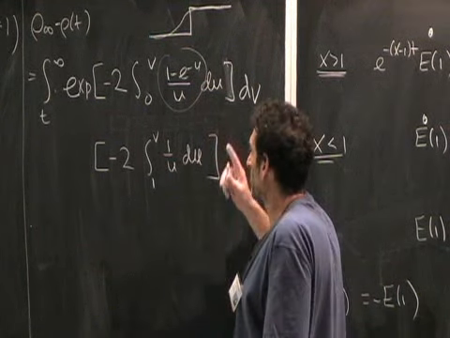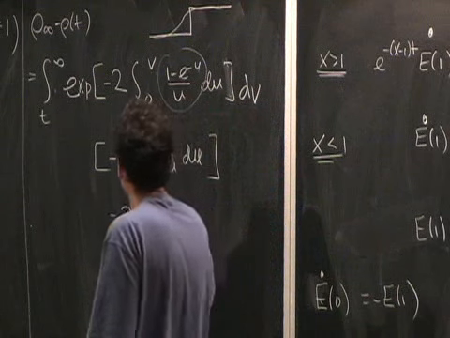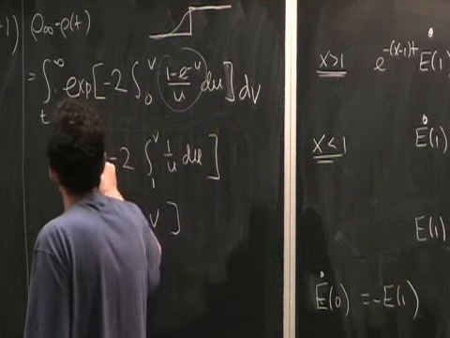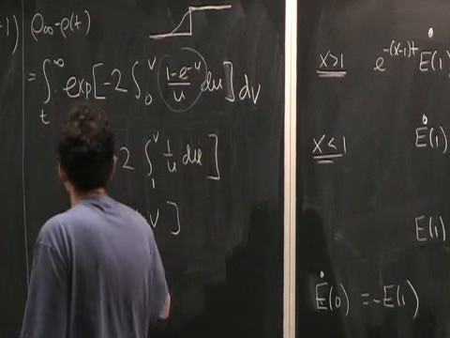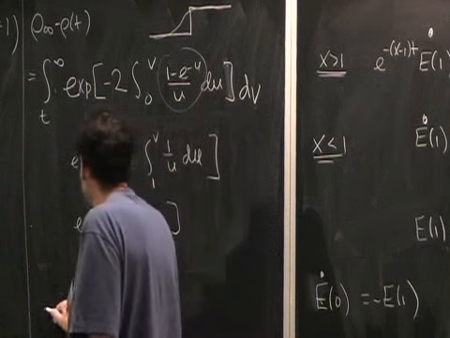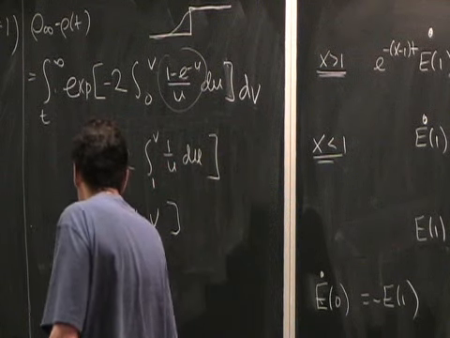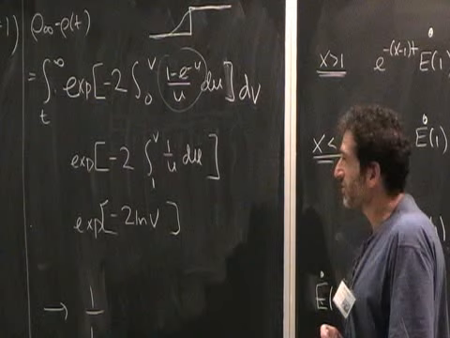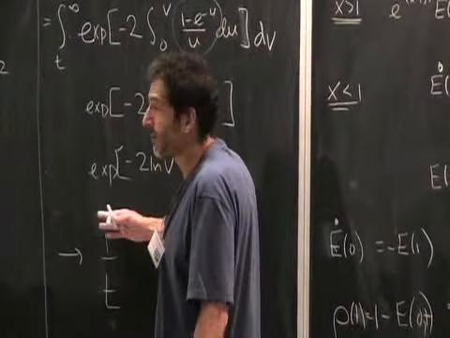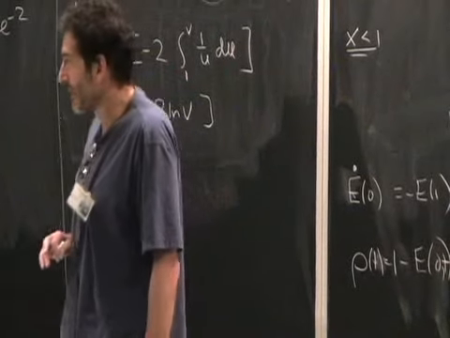And this is nothing more than log v, so this is minus 2 log v. But this is all inside the exponential. And so this is just v to the minus 2, which I then integrate. And so I'm going to get from this 1 over t. So the interesting thing here is that the approach to the final state is power law rather than exponential.